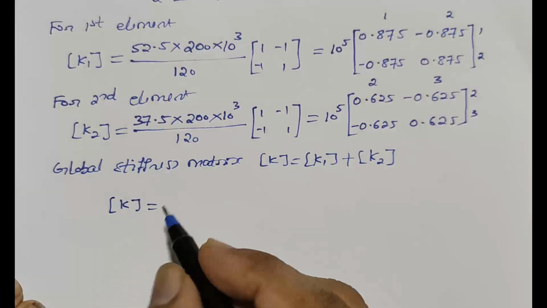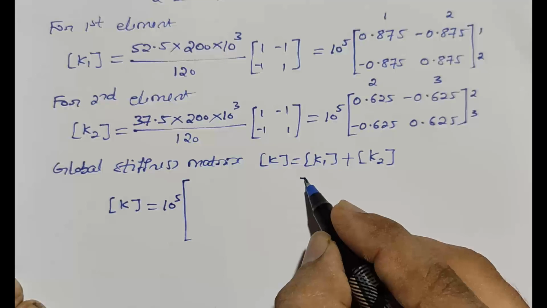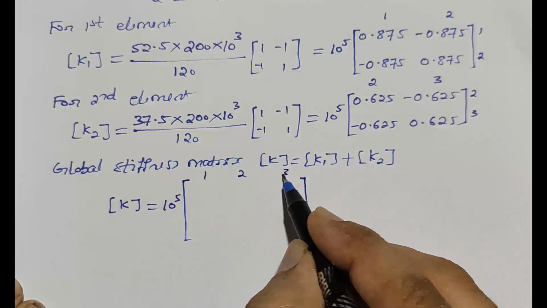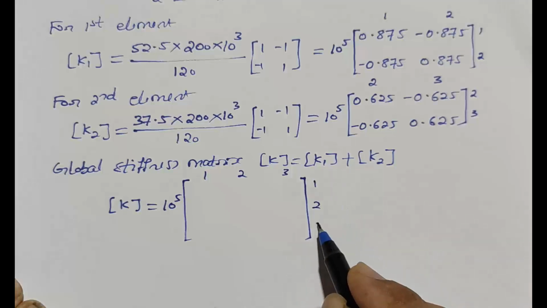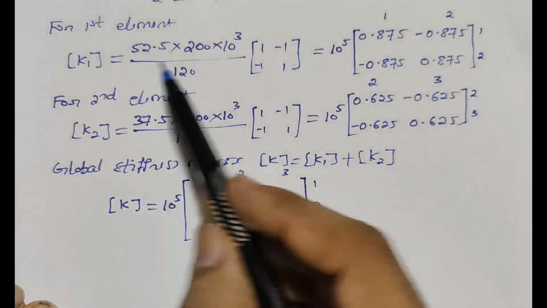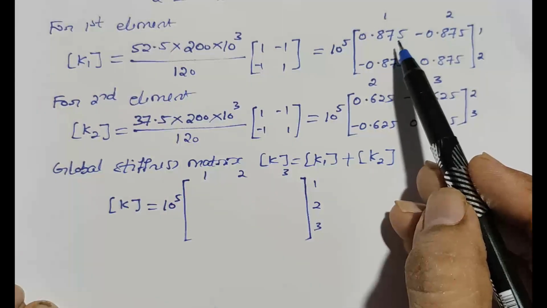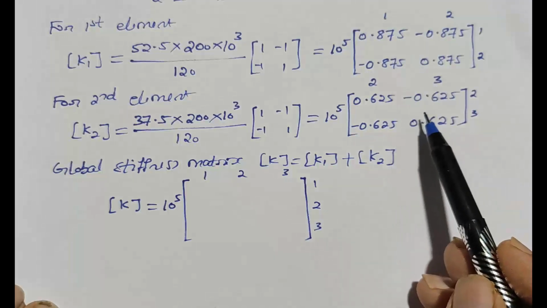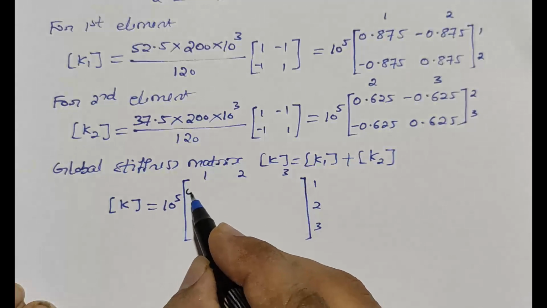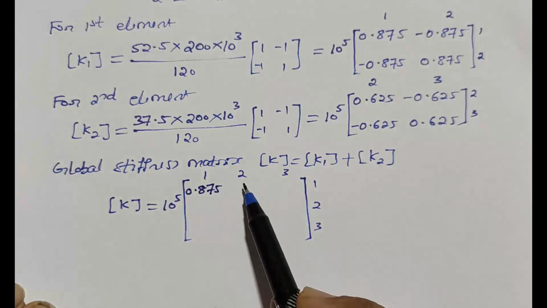K is 10 power 5, node numbering 1, 2, 3, 1, 2, 3. See the element corresponding to 1 and 1. In K1, the element corresponding to 1 and 1 is 0.875. But in K2 we don't have any element corresponding to 1 and 1. Therefore here it is 0.875.